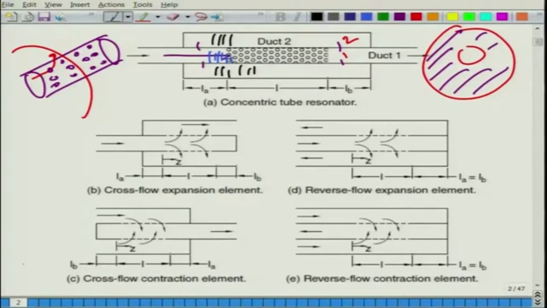We will have 4 first order linear differential equations, and you can couple them or combine them to eliminate some variables, velocity variables, acoustic particle velocity, to get 2 coupled second order linear ordinary differential equations, but they are second order and coupled in P1 tilde and P2 tilde.